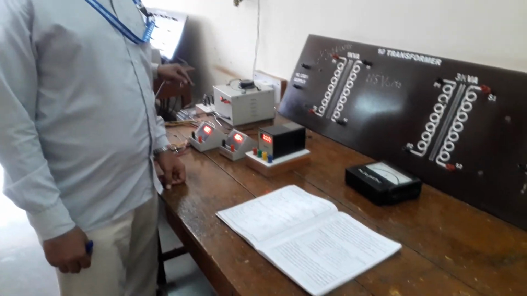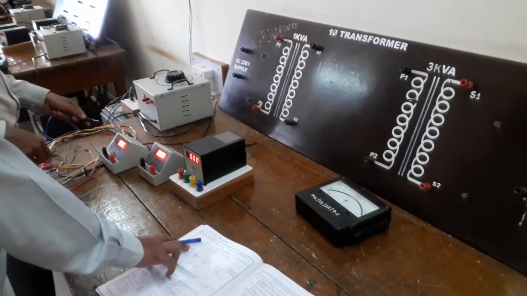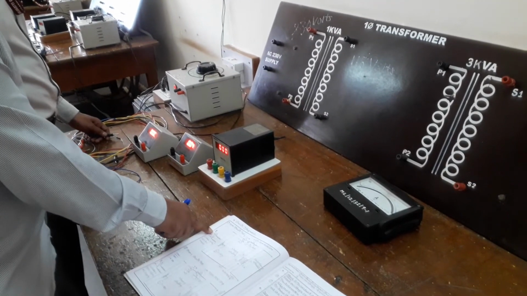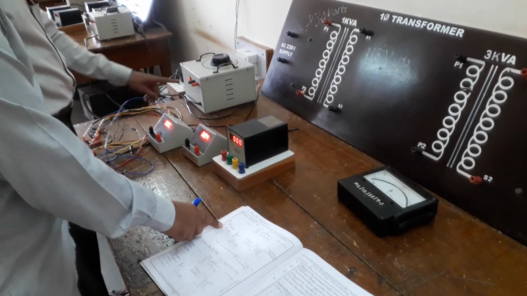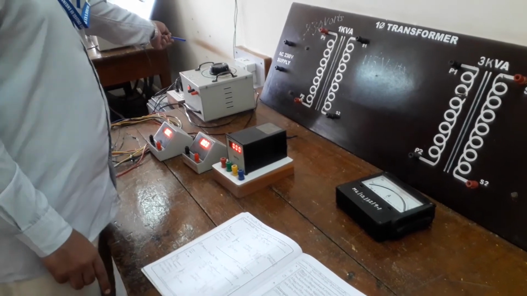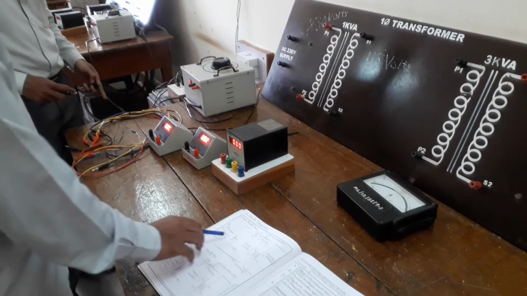Now let us see the connection diagram over here. Initially we are going to conduct the open circuit test. Here we have phase and neutral, which is nothing but the input power supply, which we are going to take from the supply mains board. From there we take it to the auto transformer.